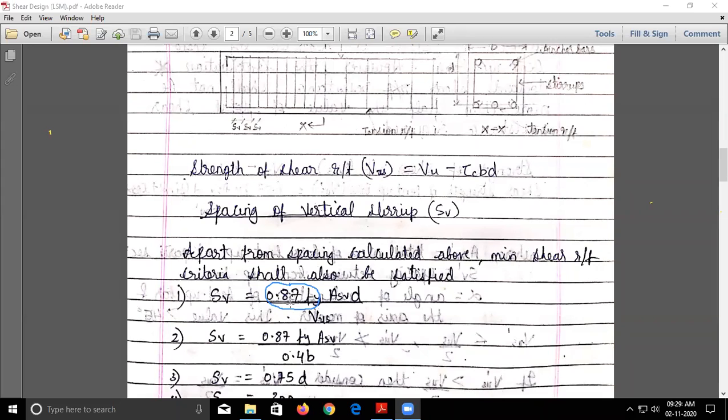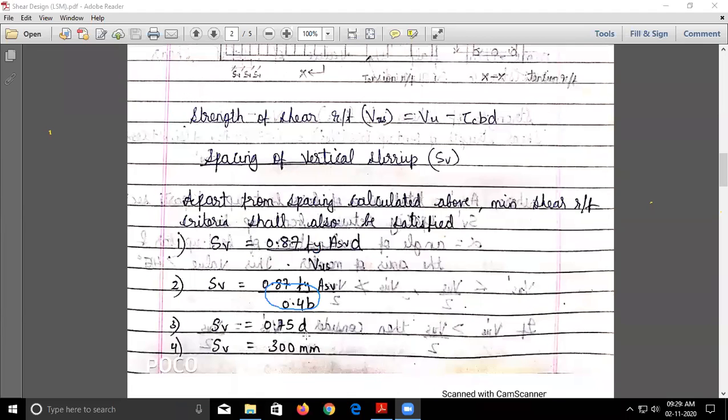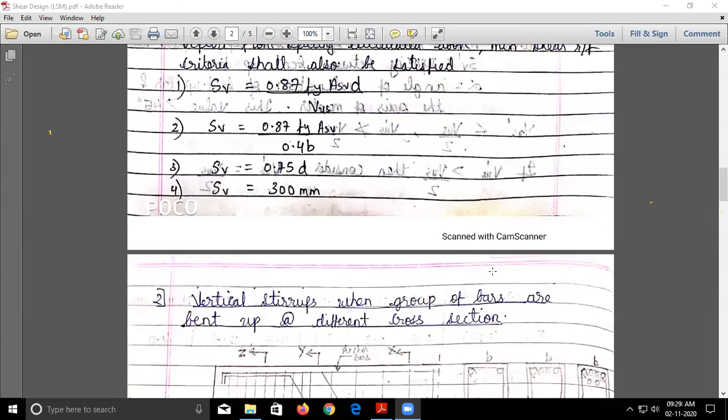So this will be easy for you to remember. Here the spacing is given by 0.87 fy into Asv into d upon Vus. That is the only difference. Okay, the minimum criteria is the same and the remaining two criteria are also the same. Is this clear everyone? Yes, sir. Okay, moving on to the next slide.